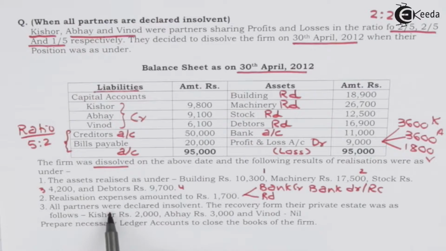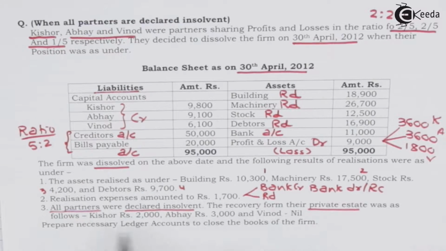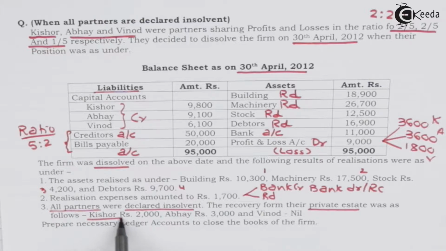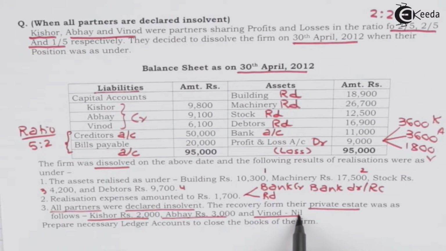All partners were declared insolvent. The recovery from their private estate was as follows. Kishore 2,000, Abhay 3,000, and in case of Vinod, it's nil.